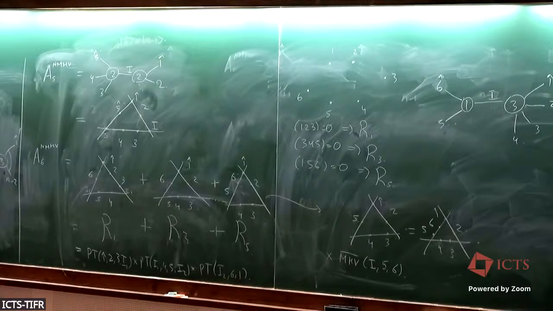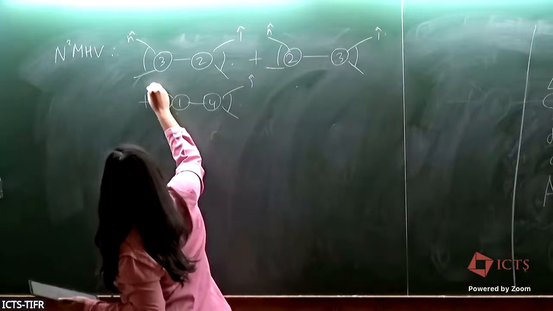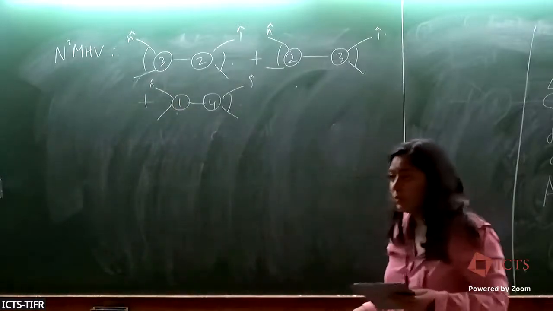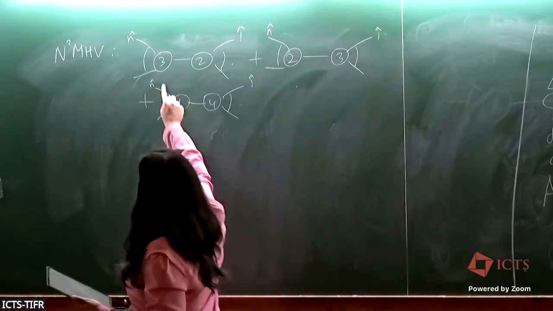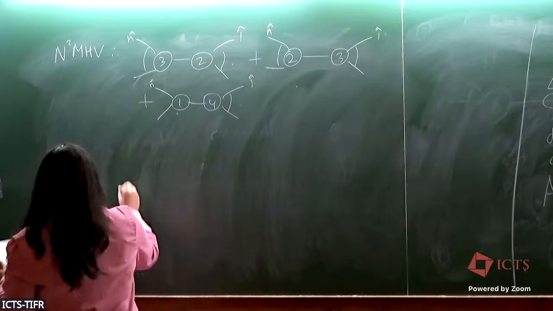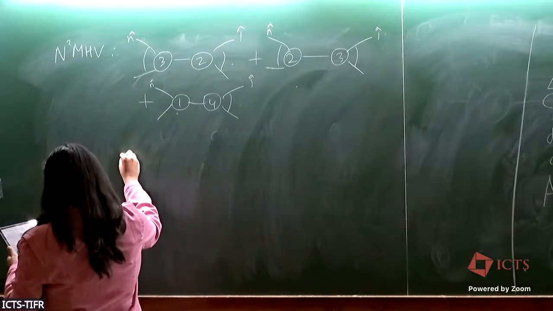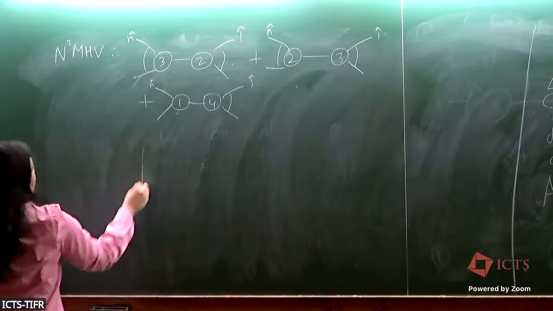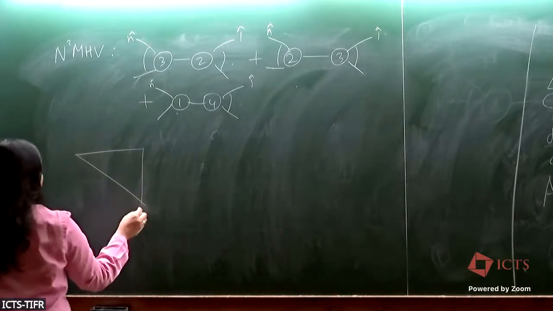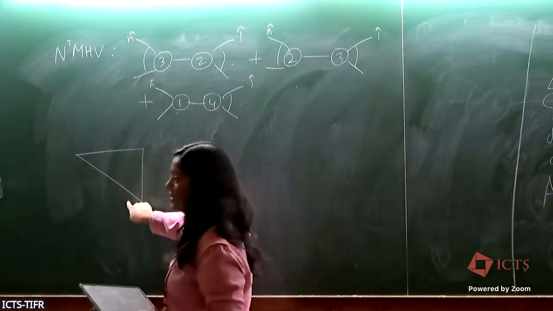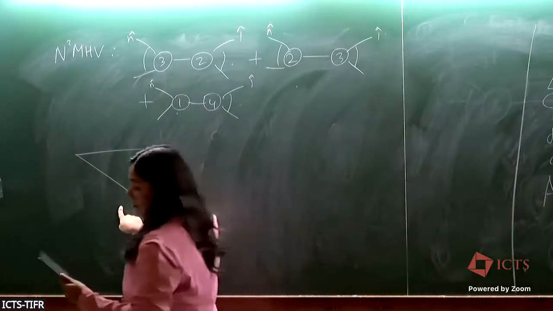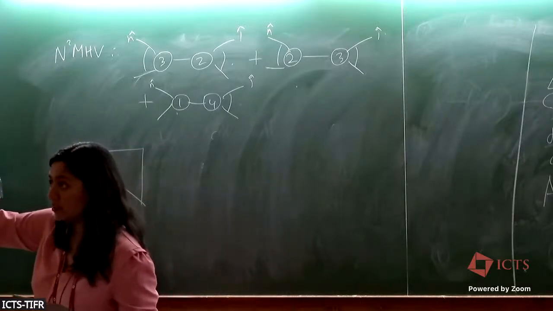Right? So you have 1 hat, n hat, n hat, n hat. Okay? So now I know exactly what to do, because in this case over here, this 3-point amplitude, so let's draw it. Sorry, not the 3, the k equals 3 amplitude is this triangle over here, which is NMHV, right? Those are the triangles we have been drawing.